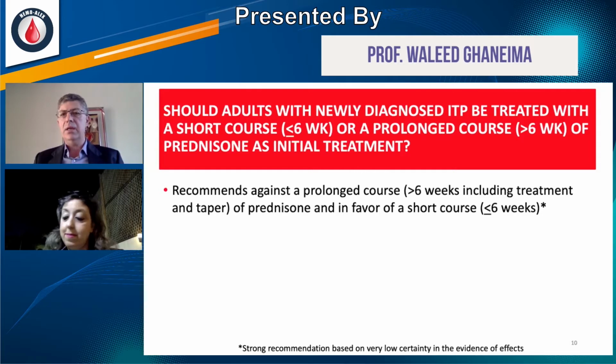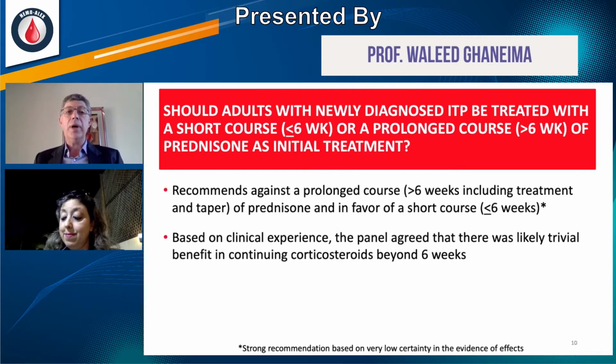We don't know why 8 weeks or 6 weeks is better than 12 weeks. Anyway, that's what the guidelines recommend because we have good treatments now. They justify this recommendation based on clinical experience. The panel agreed that there was likely trivial benefit in continuing corticosteroids beyond 6 weeks.